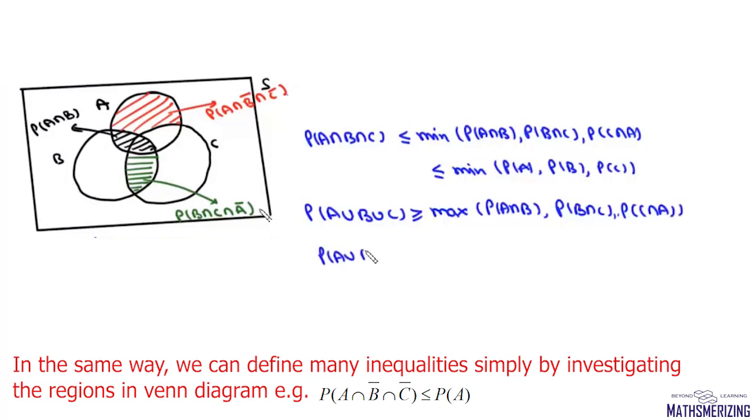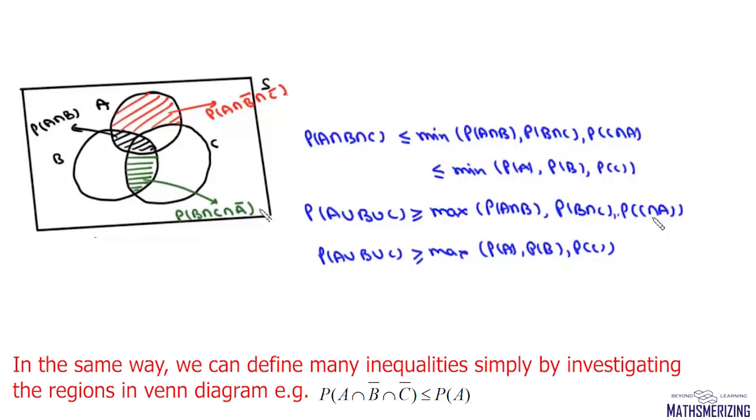It is also greater than or equal to the maximum of P(A), P(B), and P(C), and this is clearly greater than the maximum of these values. So there are many kinds of inequalities possible in basic probability theory.